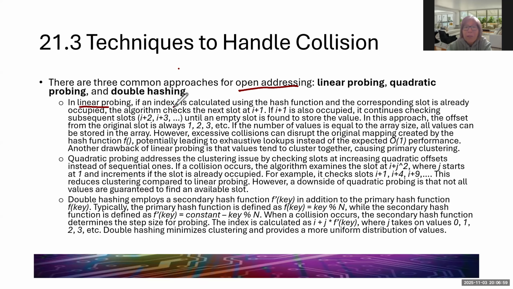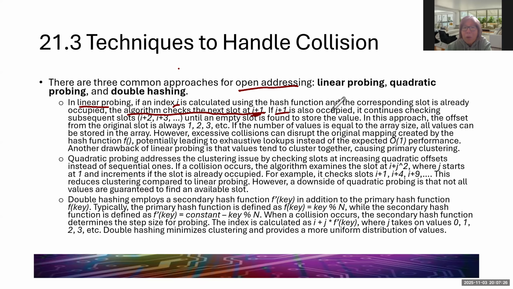Index I is directly calculated like what we already explained, using the hash function and then the modulo. If a collision happens, the algorithm just checks the next slot. Suppose initially it's I, then check I plus 1.